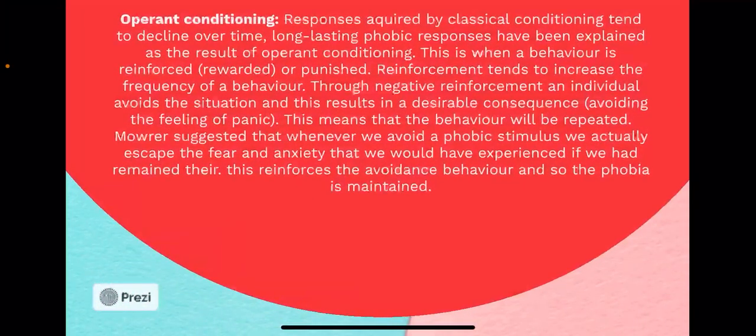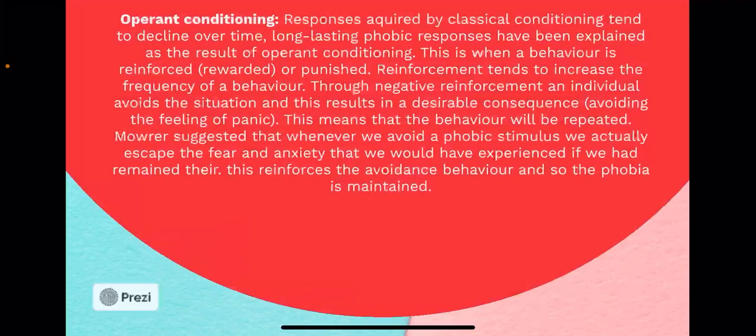So then we've got operant conditioning. Responses acquired by classical conditioning tend to decline over time. Long-lasting phobic responses have been explained as the result of operant conditioning. This is when a behaviour is reinforced or rewarded or punished. Reinforcement tends to increase the frequency of a behaviour.